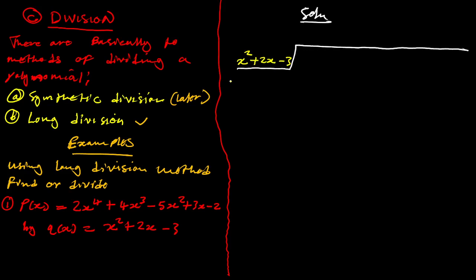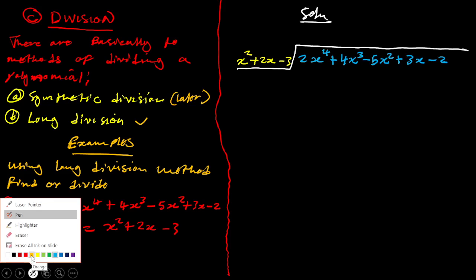And then the other guy, p of x, will be written inside: 2x to the power 4, plus 4x cubed, minus 5x squared, plus 3x, and then minus 2. After I write that, I'll now be able to solve this particular question. So let me quickly get to business.